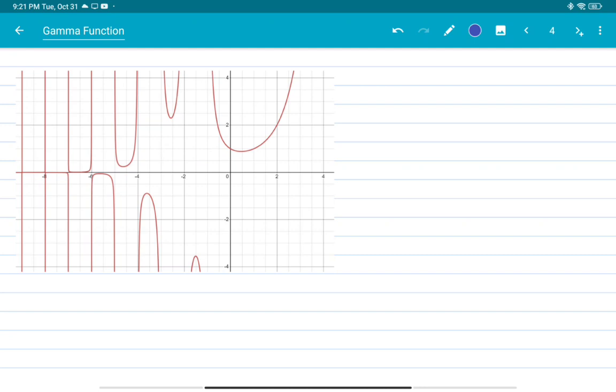It is often used in probability and statistics, as it shows up in the normalizing constants of important probability distributions such as the chi-square distribution and the gamma distribution. So what is the motivation behind the gamma function?